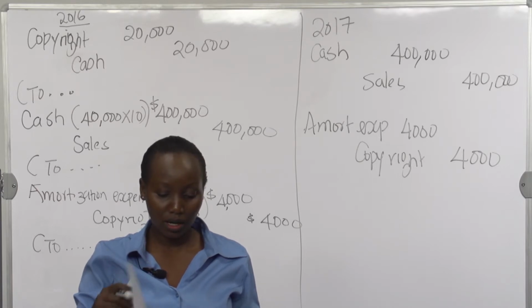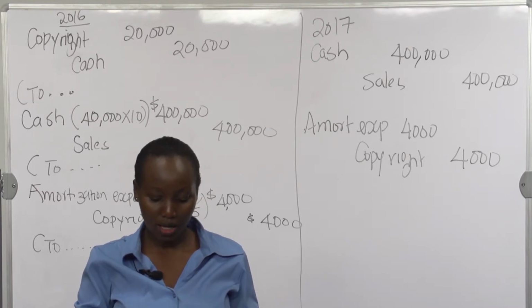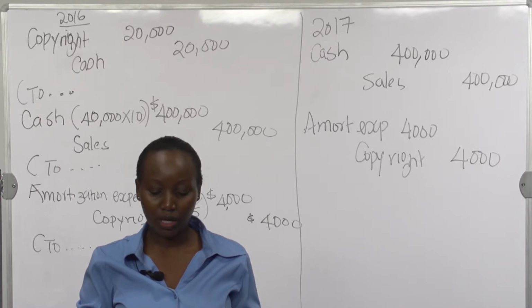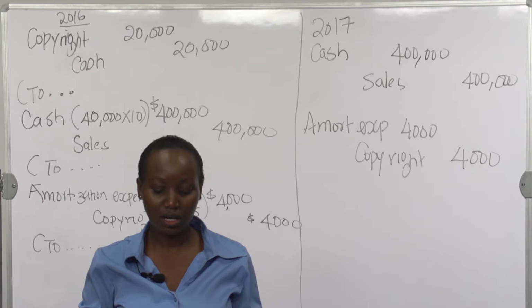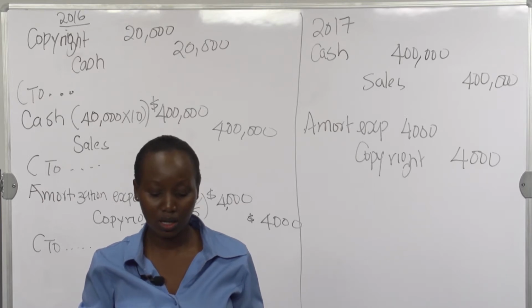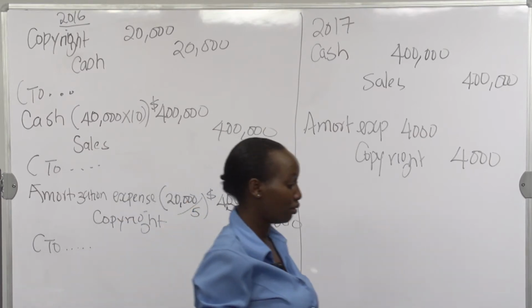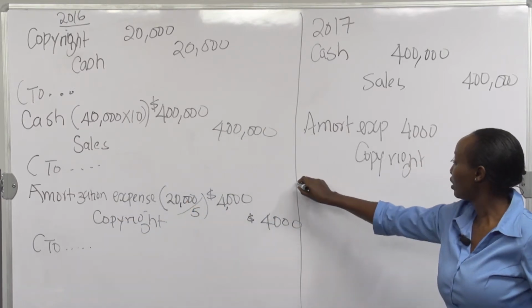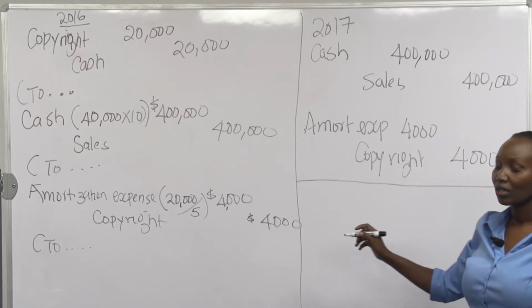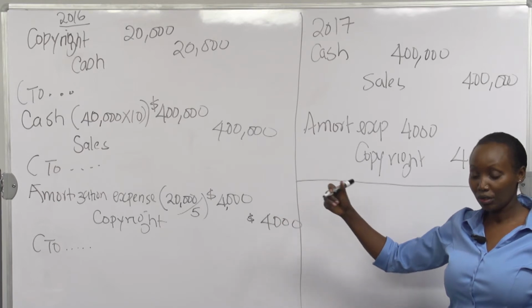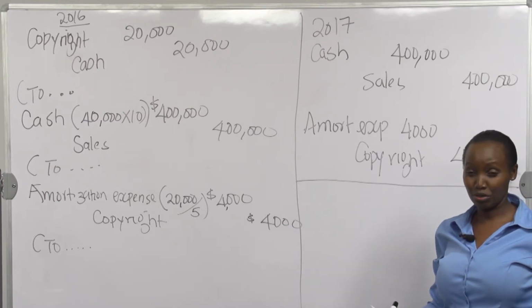The second requirement is asking if our answer would change. How would our answer change if the expected sales of the book would be 100,000 copies in 2016, 80,000 in 2017, and 20,000 over the remainder of the useful life? If we have a different pattern, the amortization expense will be recalculated based on the percentage of revenues.